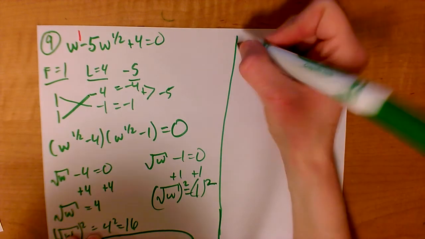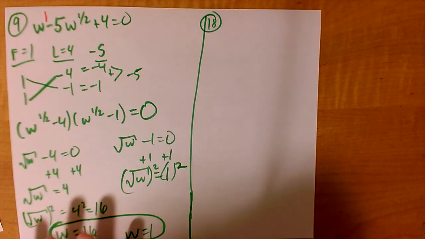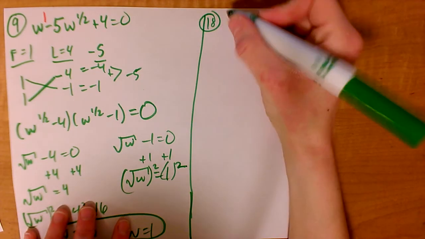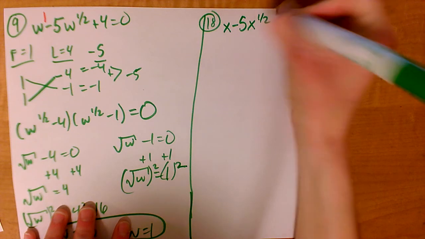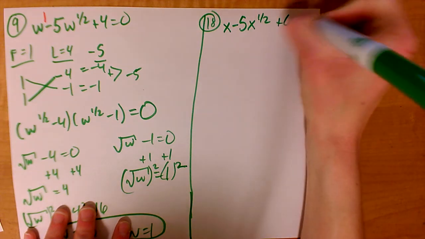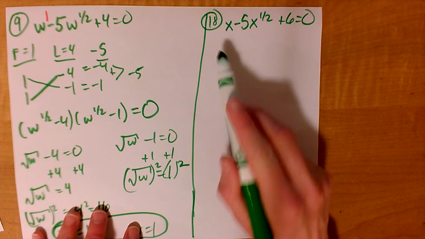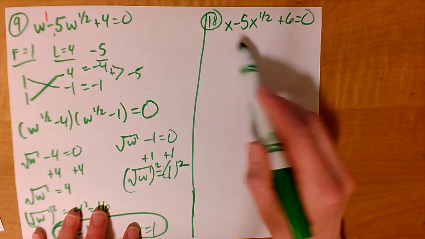Alright, and then the last problem, number 18, we can keep factoring with first and last. So for 18, we have x minus 5x to the 1/2 plus 6 is 0. Okay, so this is similar to the problem we just did in that our exponent on x, or our first term, is 1. We just can't see it.